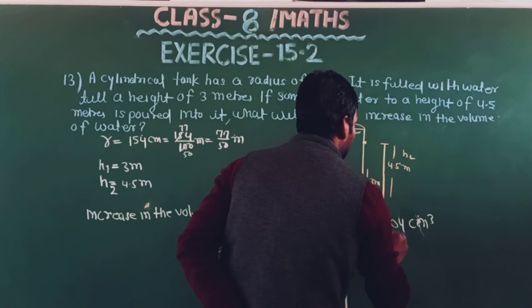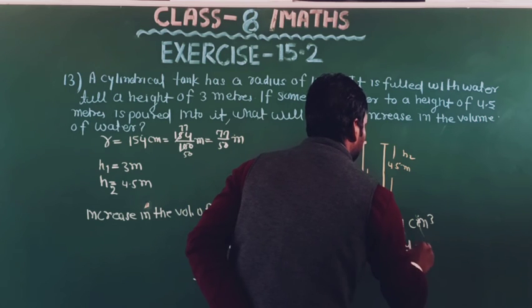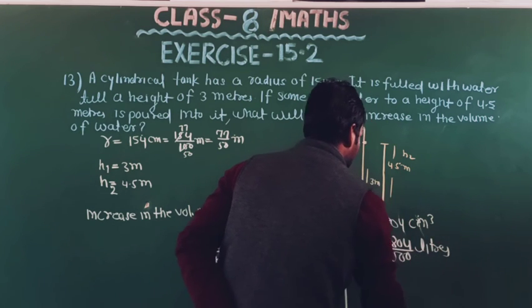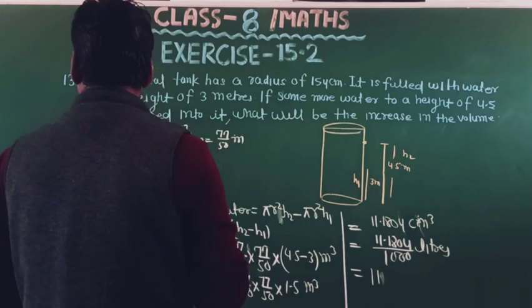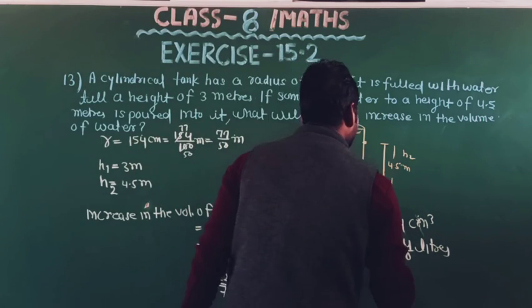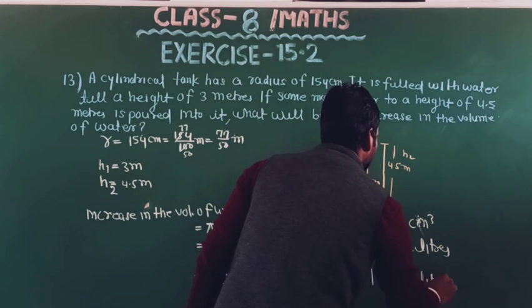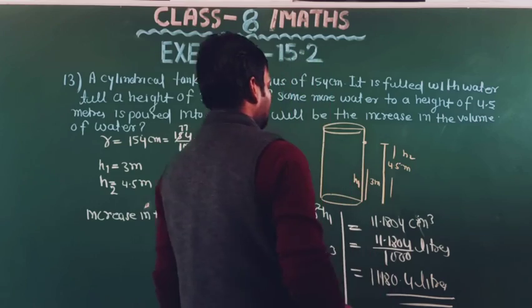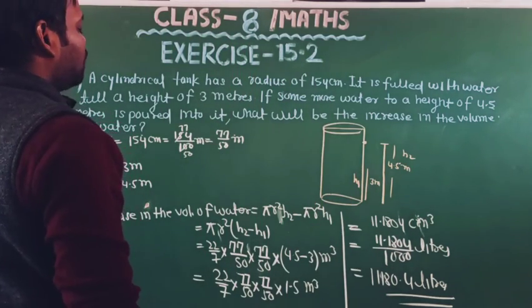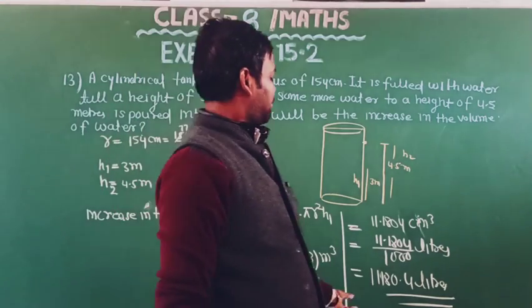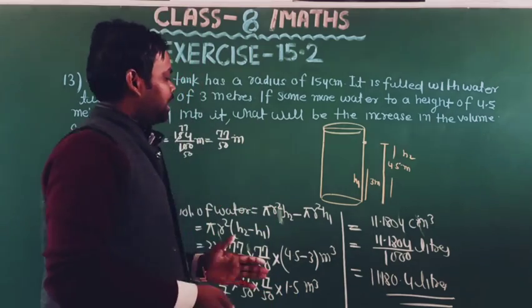So 1.1844 into 1000 liter is equal to 1184.4 liter. So this is the volume of water increase in the tank.